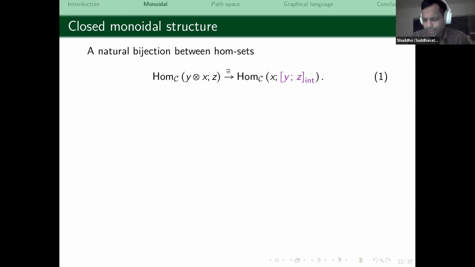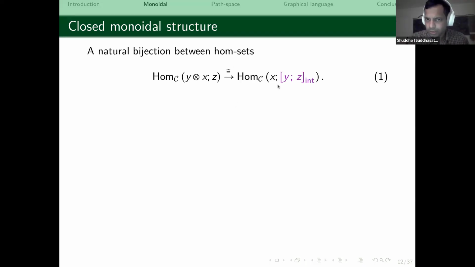So let's try to unravel this from a set theoretic perspective. Given any two sets, Y and Z, the collection of functions from Y to Z is itself a set. So that is what is being generalized here. We can consider the collection of maps from Y to Z either as a home set. It is also again an object of the category of sets.